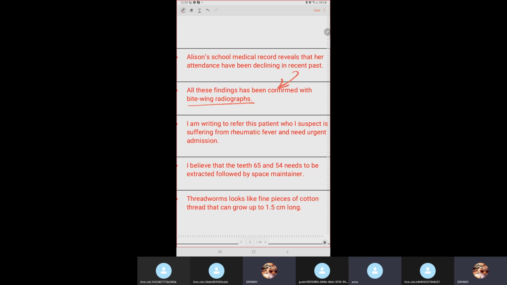All these findings has been confirmed with bite wing radiographs. All these findings have been. Have been, right? Okay, all these findings have been confirmed with bite wing radiographs, right? Because why? There are too many radiographs going on, right?